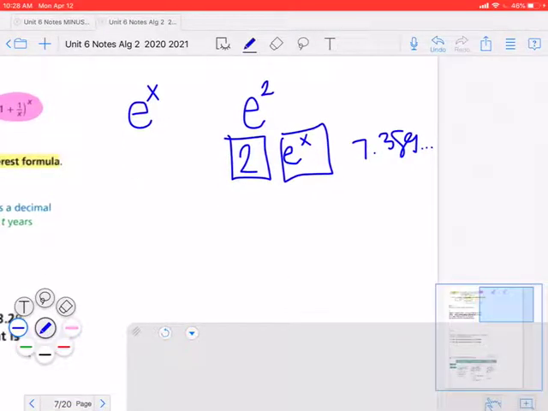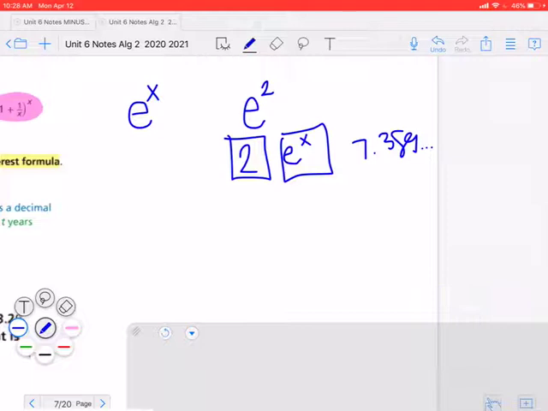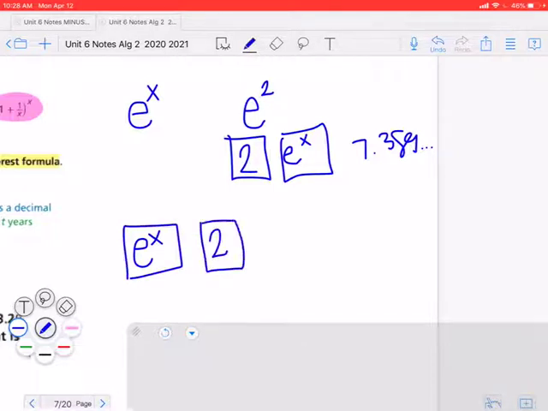In the Casios, how does it work? Oh, I remember. You press e to the x, or it'll say e to the something. You press e to the x, and then you press the 2, and then you press equal.